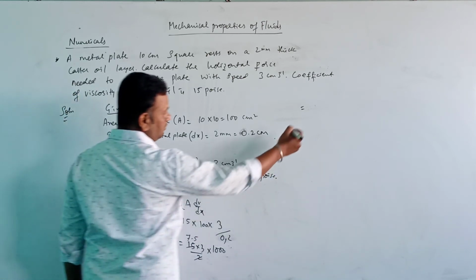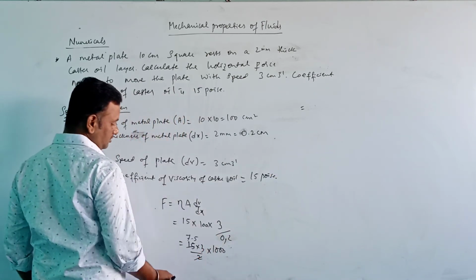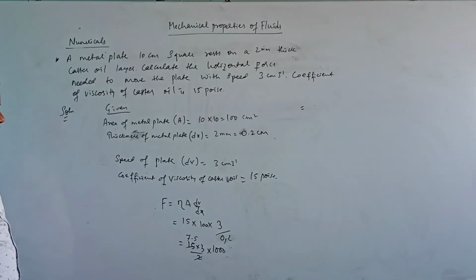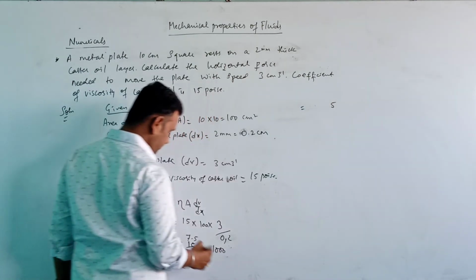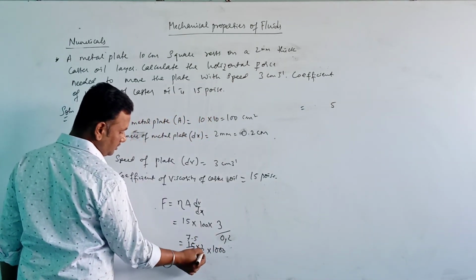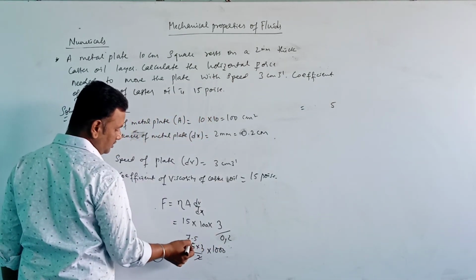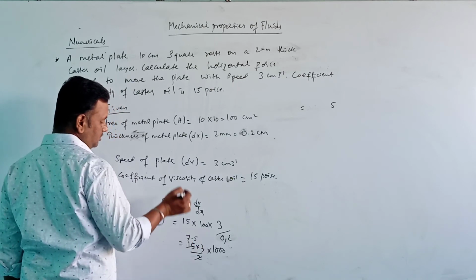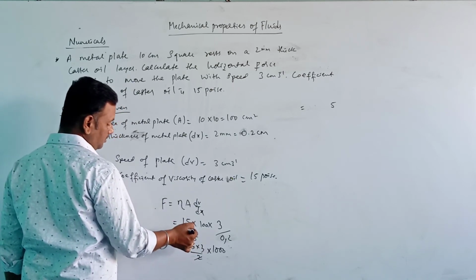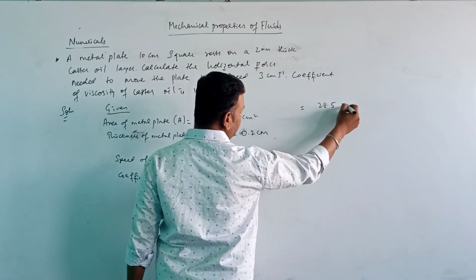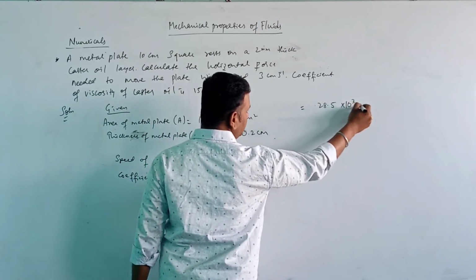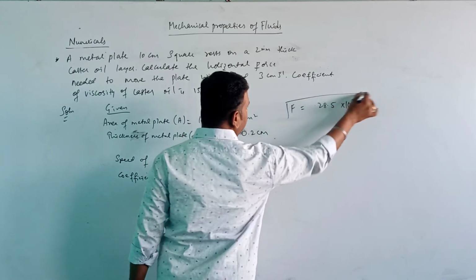Then it becomes 7.5 into 3 into 1000. So how much does it become? 3 fives are 15, 3 sevens are 21, plus 1, that is 22.5. So 22.5 into 10 to the power of 3 Newton is the force.